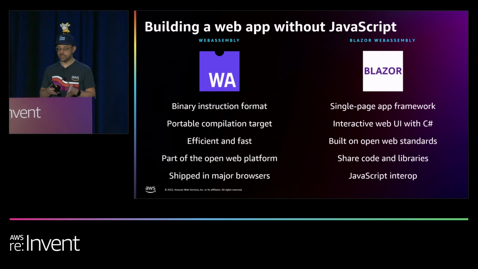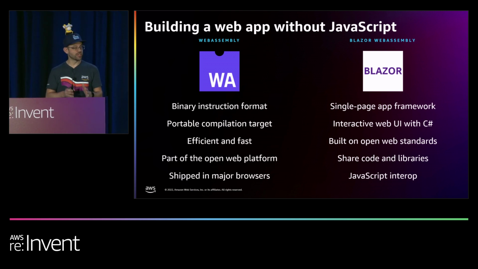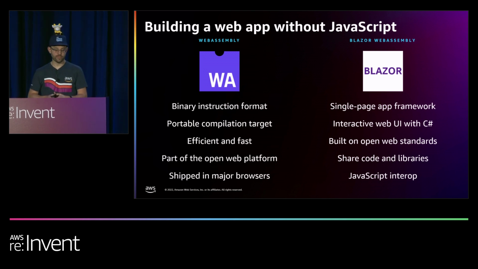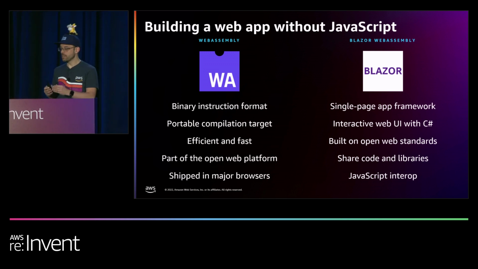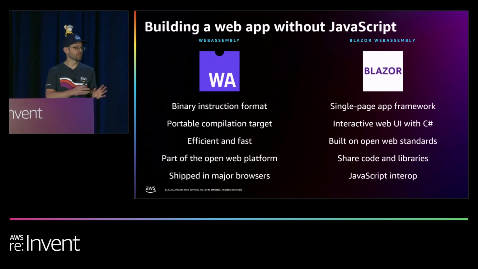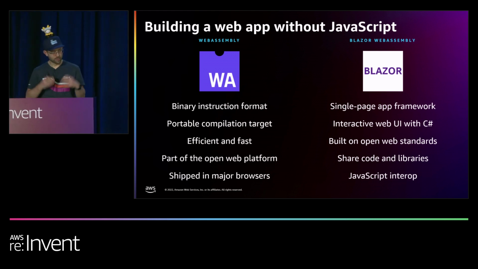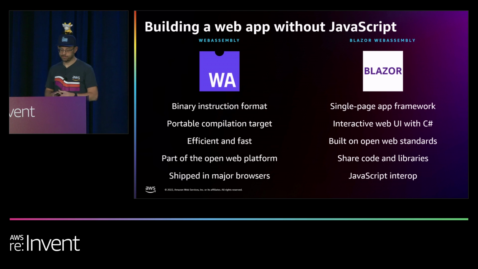So Blazor WebAssembly enables .NET developers to build client-side interactive UI with C# and share code and libraries between client-side and server-side apps. So yes, C# code running inside the browser without any proprietary extension. So it's not Silverlight, for those of you who remember Silverlight. Now it's built on open standards.